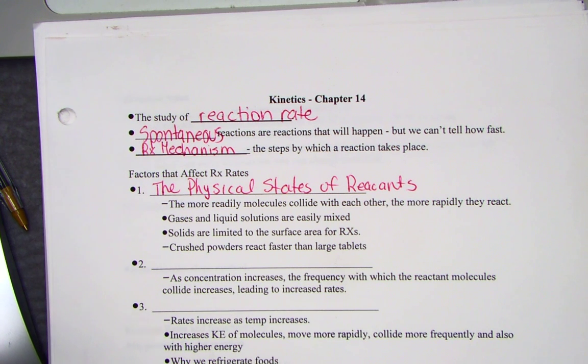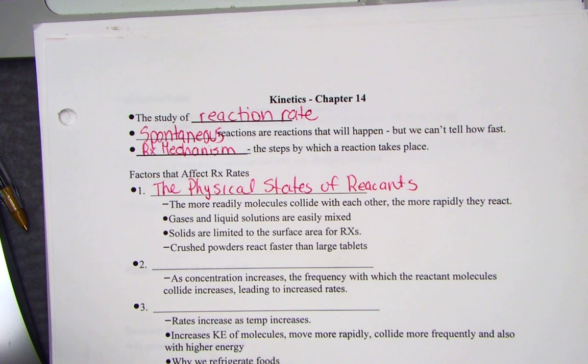Those are solutions that are easily mixed. Gases with complete freedom to move around are going to collide more often, and therefore reactions will occur faster. Solids, of course, are limited to the surface area for their reactions. Crushed powders actually have a faster reaction rate than larger tablets. So again, crushing or liquefying or creating a gas will increase the rate of a reaction.